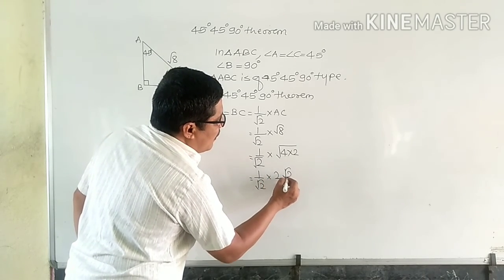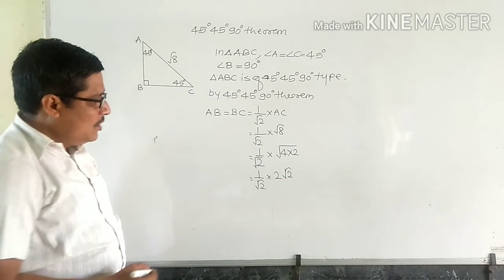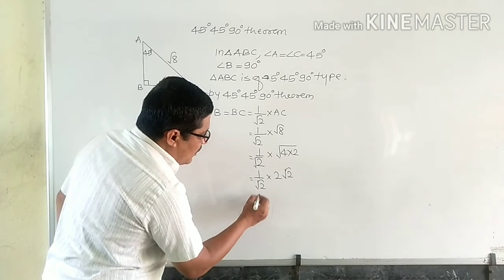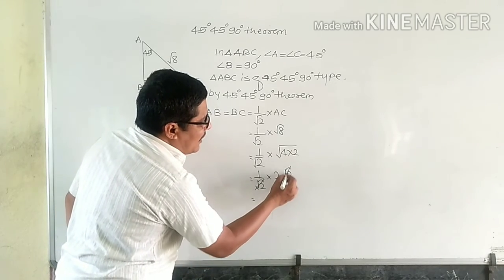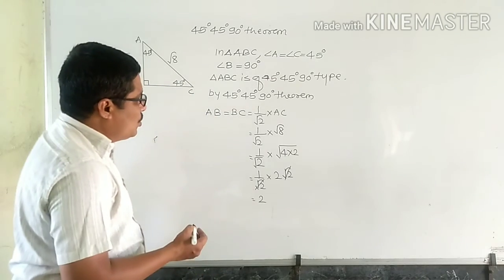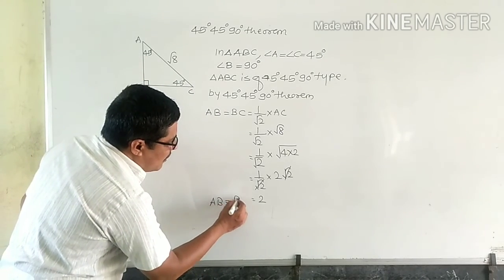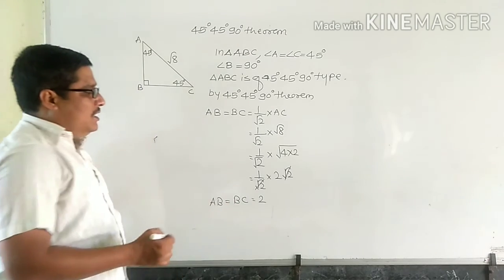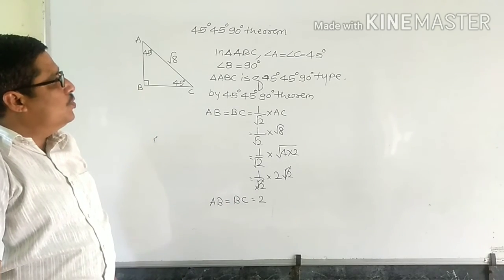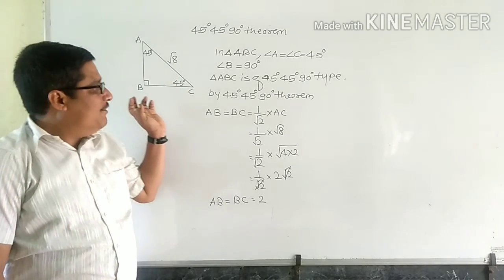So it will become 2 into root 2, that is 2 root 2. So here this root 2 and root 2 will get cancelled. So it will become 2. So here we can write AB is equal to BC is equal to 2. So in this way we can use the 45, 45, 90 theorem.